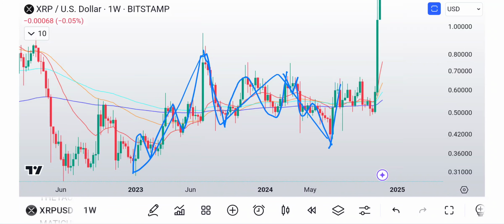And then we pumped up, and then we flagged out 1, 2. And I said all throughout here, get ready, get ready, get ready, any day, and then boom.